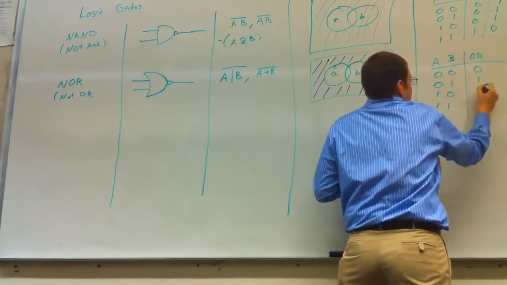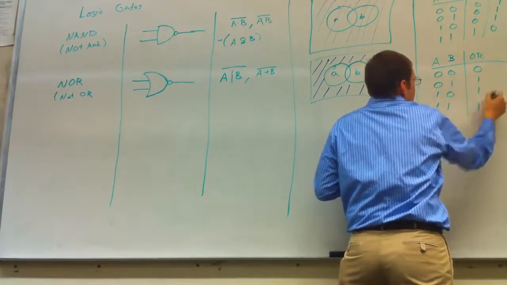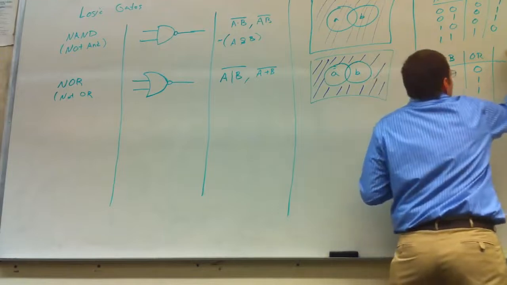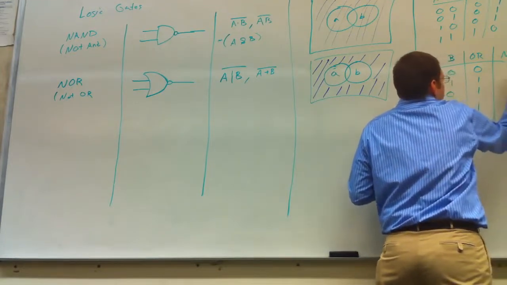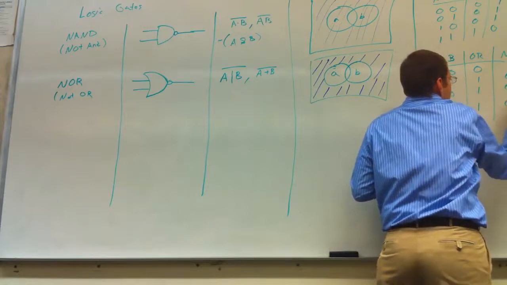We got 0, 1, 1, 1. So then the NOR is going to be 1, 0, 0, 0.